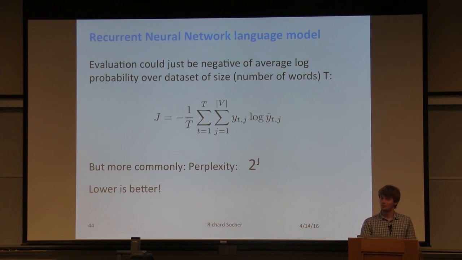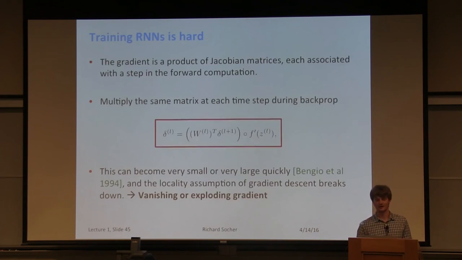Now, in theory, we would have all the tools to train this, but if you actually do train it, you'll realize that it gets quite hard. Next week we'll have some time to look at the mathematical derivation of why this is hard and where Jacobian matrices come into play. Intuitively, the problem is that you multiply the same matrix at each time step during backprop.